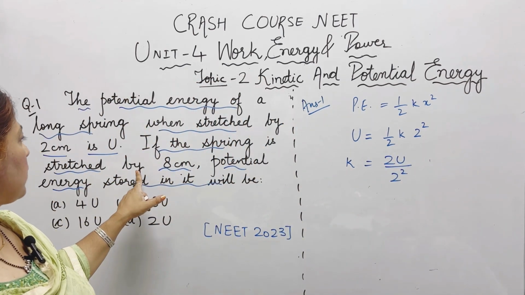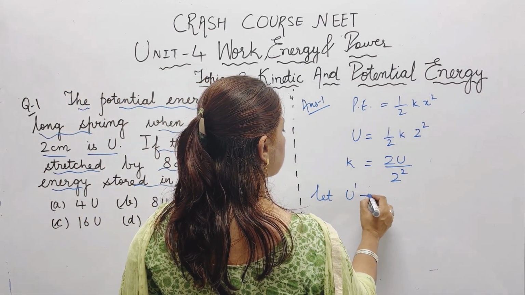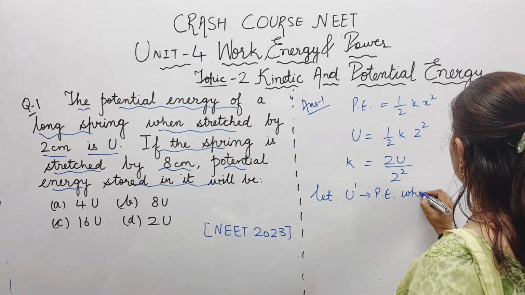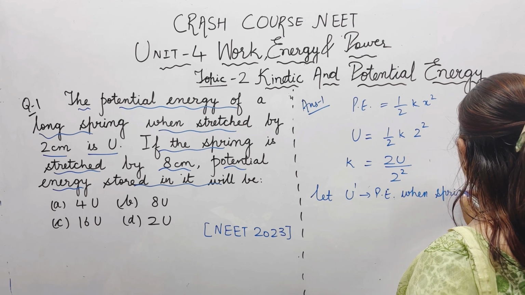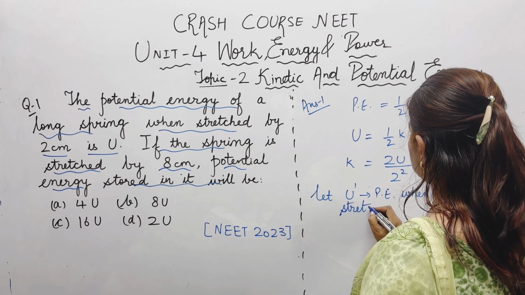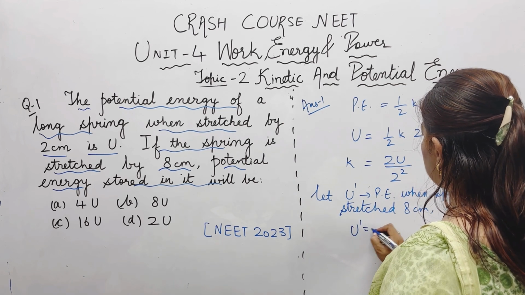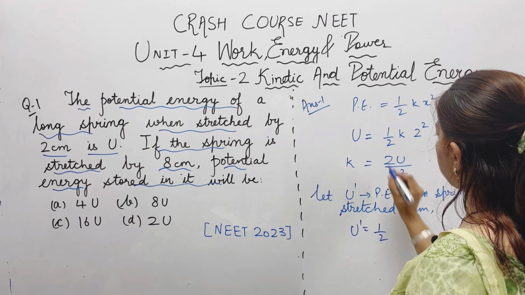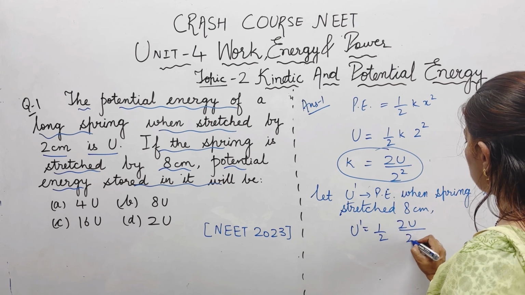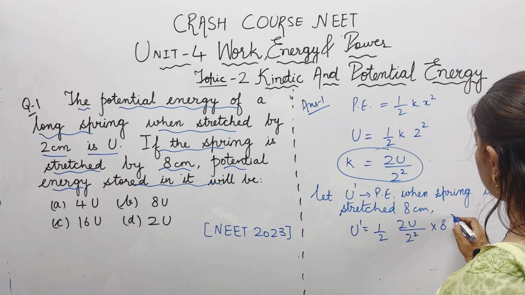Now the potential energy when stretching is 8 centimeter, let U dash be the potential energy when spring is stretched 8 centimeter. So U dash is equal to half. In place of k, we will put 2U by 2 square, and x will be 8 square.